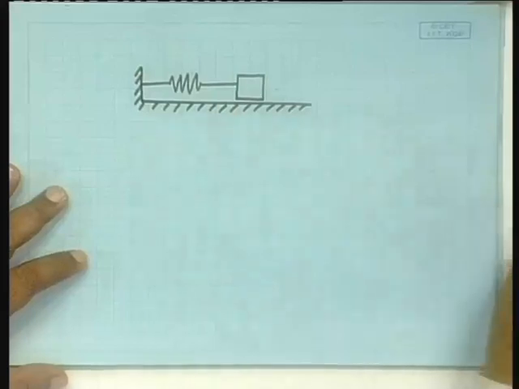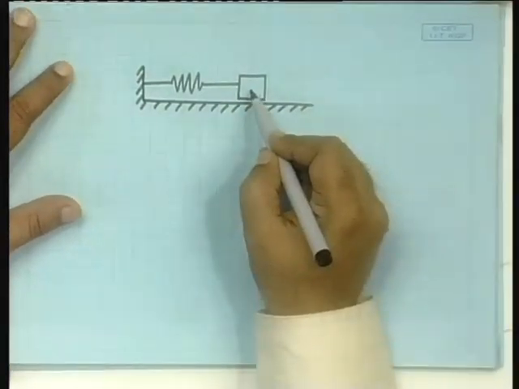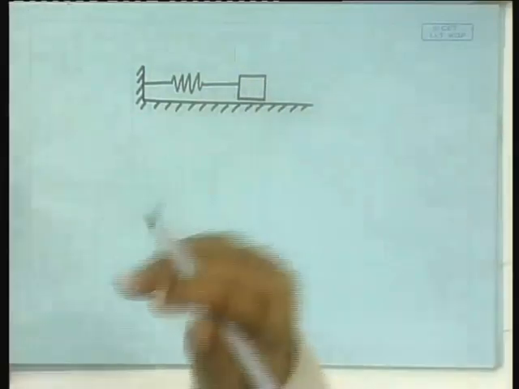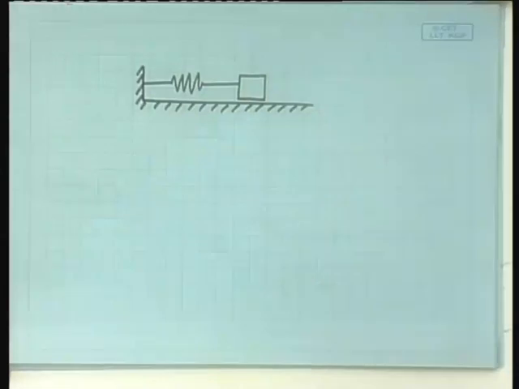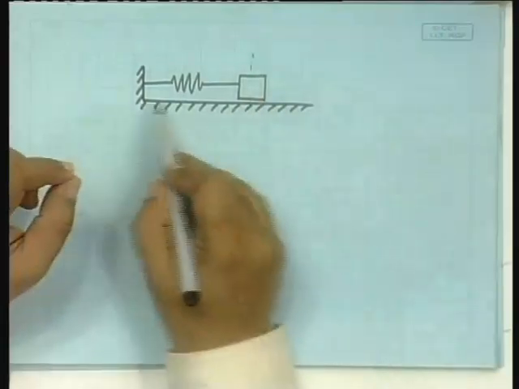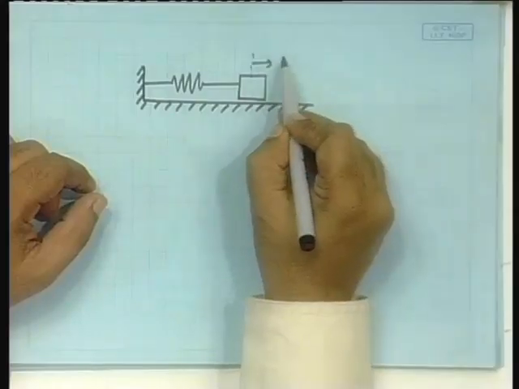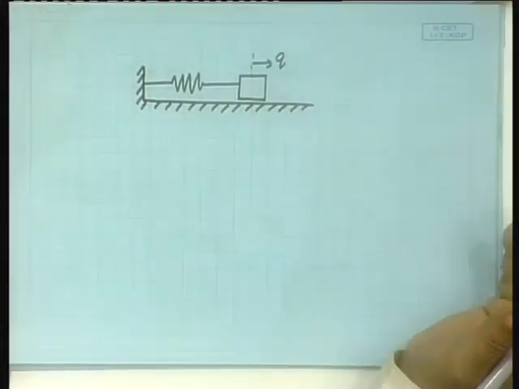In case of a system like this, what can be the generalized coordinate? Here is a body. In the Newtonian way, it has x, y, z coordinates. In the Lagrangian way, I do not need the y and z coordinates, that is it. We will say that from the unstretched position of the spring, I will measure the variable q, just one necessary. So, that is the generalized coordinate.